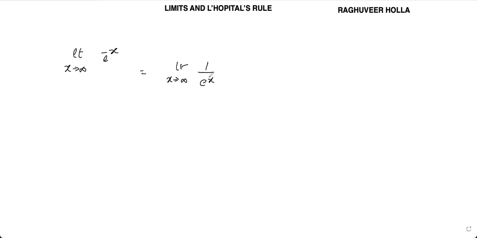As x gets larger and larger, e to the power of x gets much larger, so the result is 0.